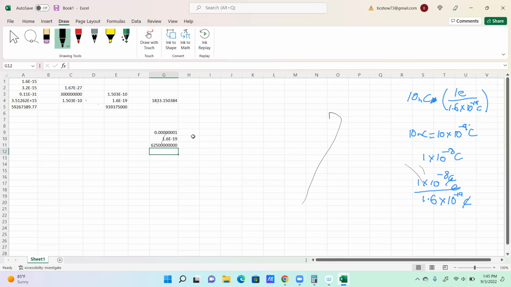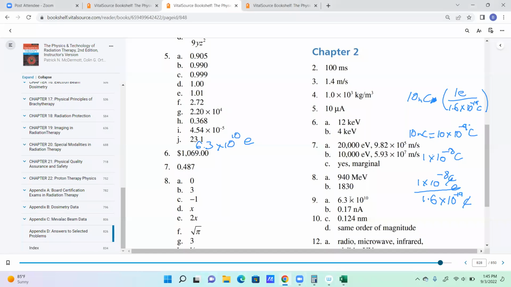I get essentially 6 times 10 to the 10th electrons. So that's what I've got here.